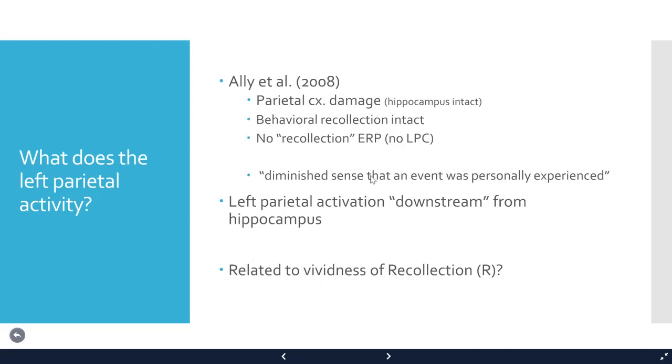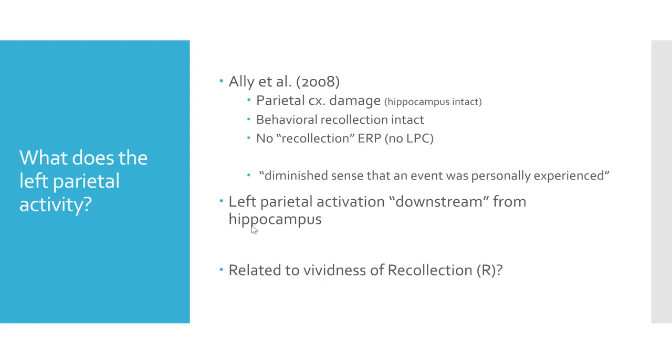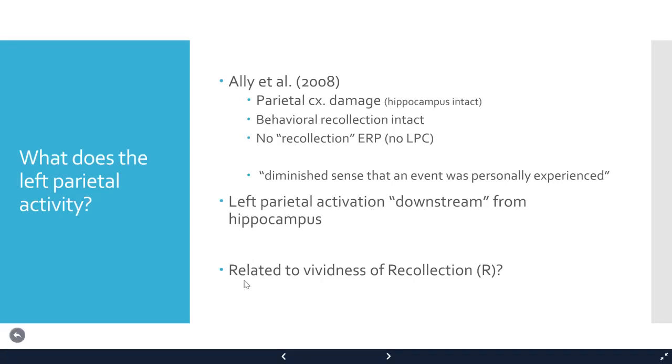And they reported a diminished sense that the event was personally experienced. So the idea here is that the left parietal activation is probably downstream from the hippocampus. The hippocampus is necessary for it to happen, but it also does something by itself. And perhaps this left parietal activation is related to the vividness within recollection.